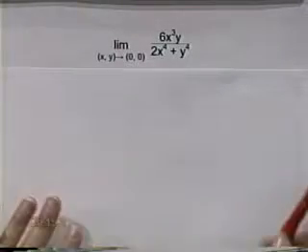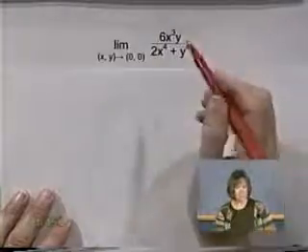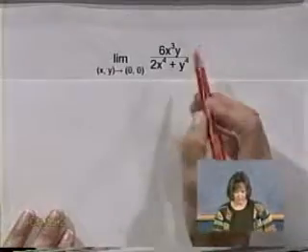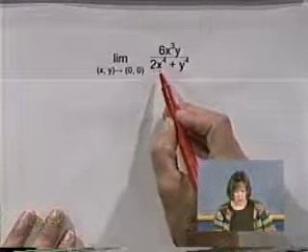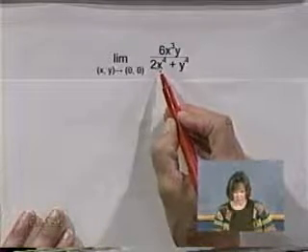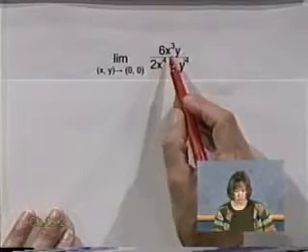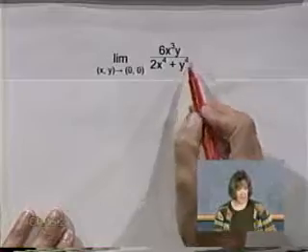So I look at this and I say, I need to have a different pathway. Now this is where, with the problems in your homework tonight, you have to be a little bit clever. Wouldn't it be lovely if, for y, I'm looking here, this is 2x to the 4th. Notice, if you let y be x, you'd have 6x cubed times x over 2x to the 4th plus x to the 4th.